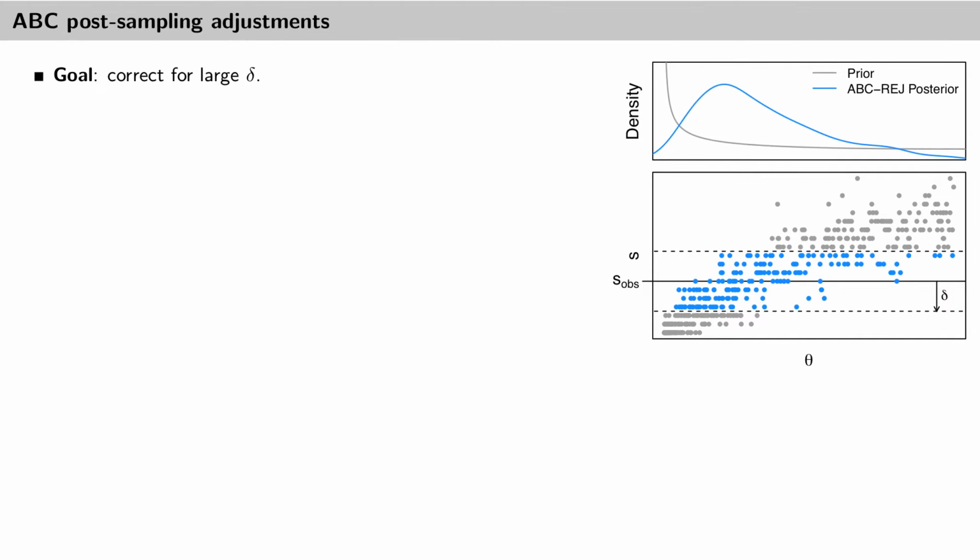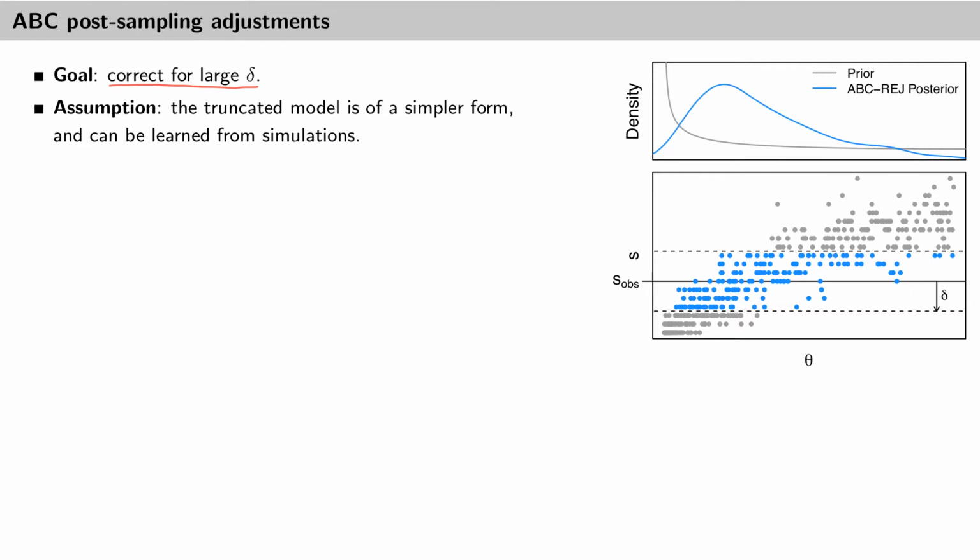ABC post-sampling adjustments generally aim at correcting for large threshold delta that were used when accepting ABC samples. To do so, they rely on the assumption that the truncated model is of a simpler form and can be learned from simulations. By truncated model, we refer here to the model among just the accepted simulations, or on the right side graphically, to the likelihood function that applies only to the blue dots.